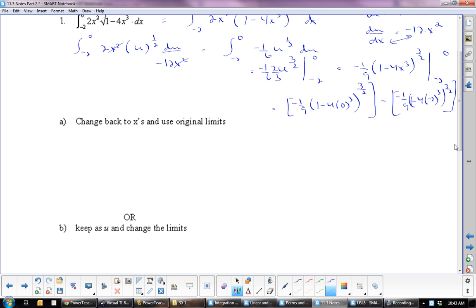And then this gives us negative 1/9 minus negative 1/9 times the square root of 33 squared.